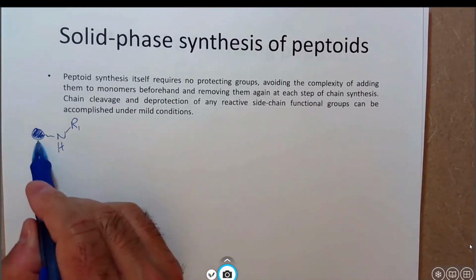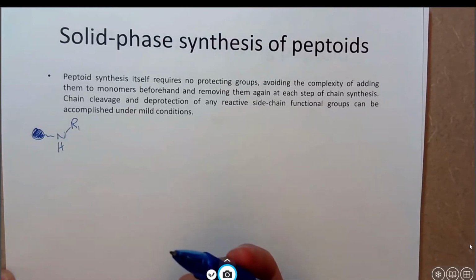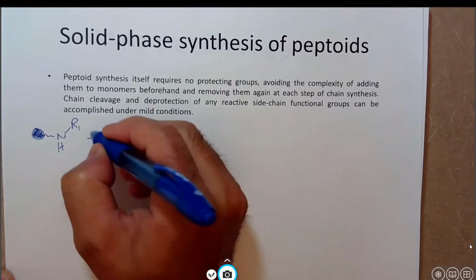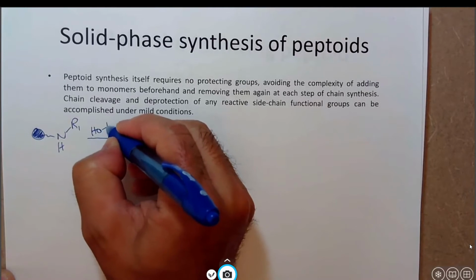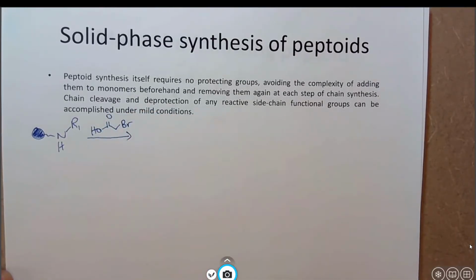So you can imagine the solid phase resin has all of these amines with this R group attached to it. And so what we're going to do in order to generate this peptoid is we're going to incubate this with a compound called bromoacetic acid, which looks like this.